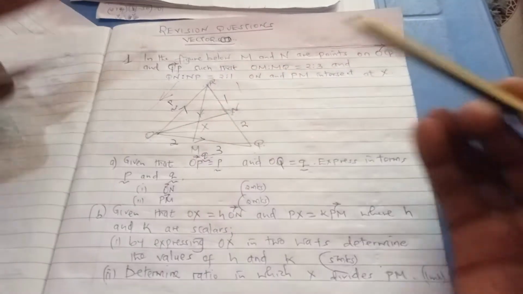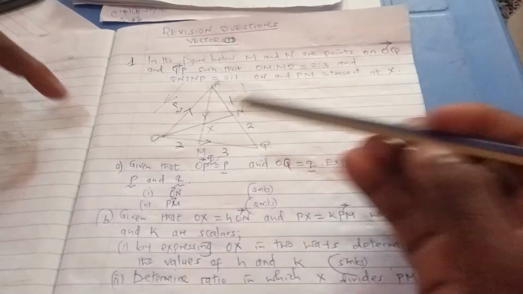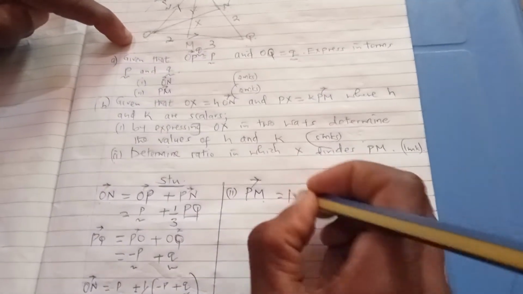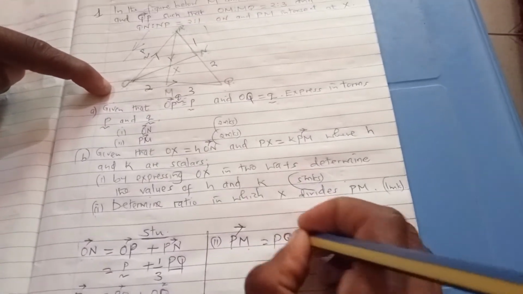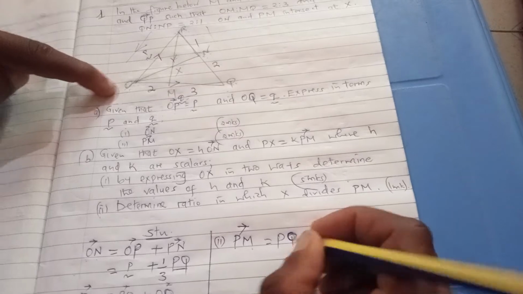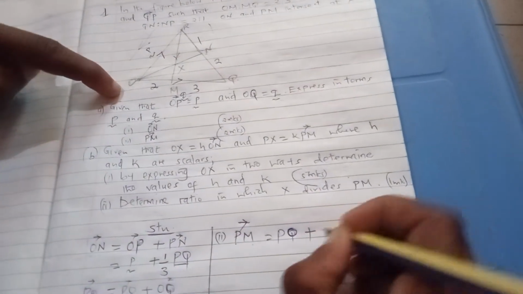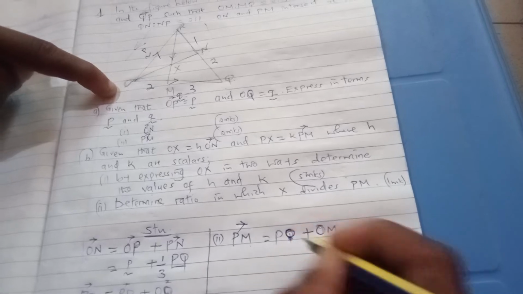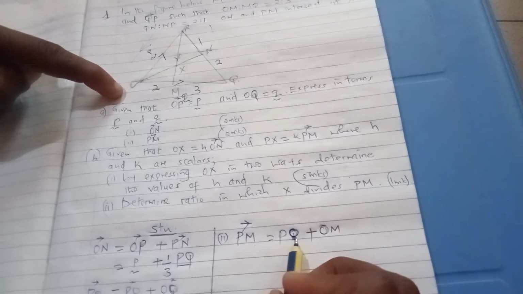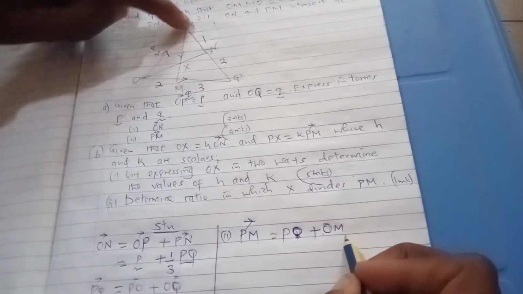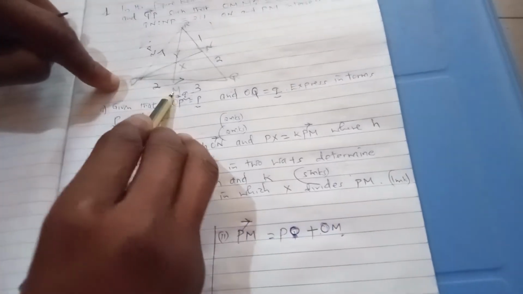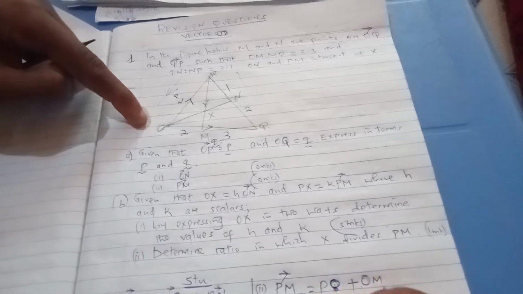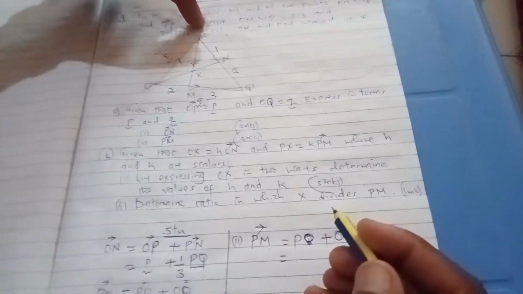So PM, my way could be PO plus OM, PO then OM. What is PO?